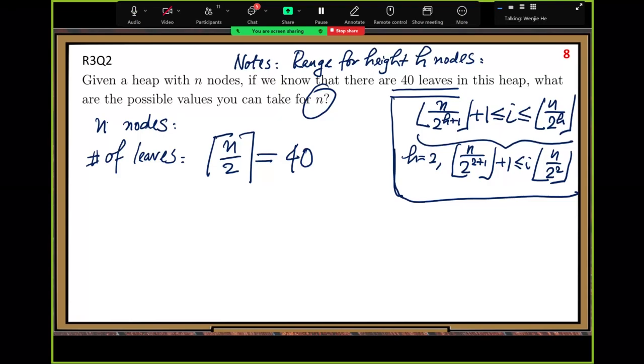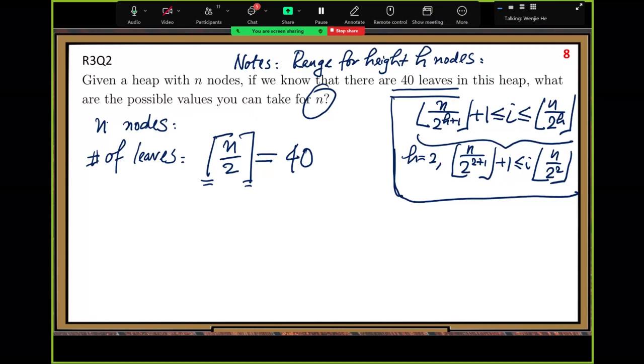But this one has a ceiling function. So how to solve it? Here I give a suggestion, a simple way to solve questions like that.